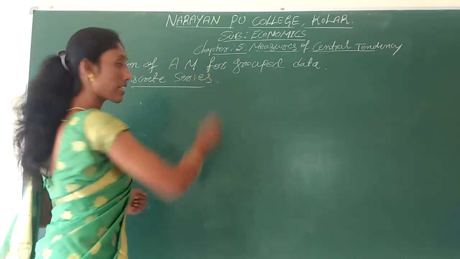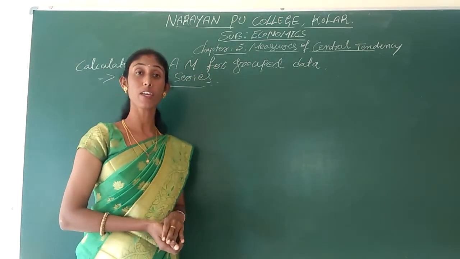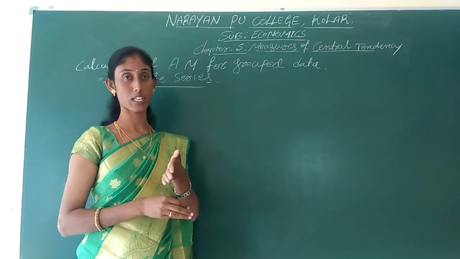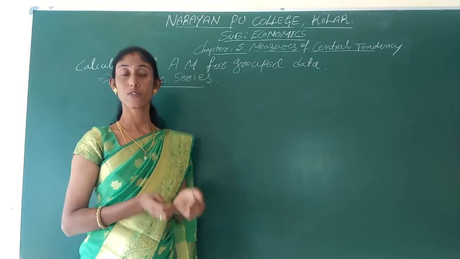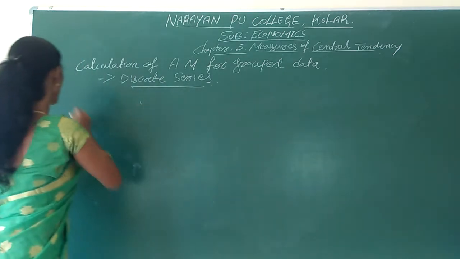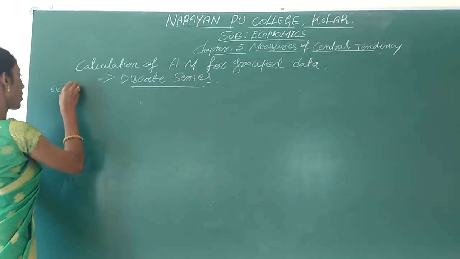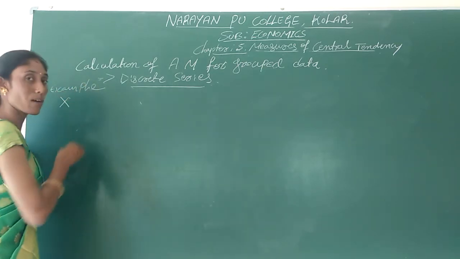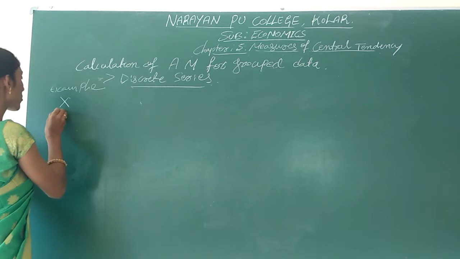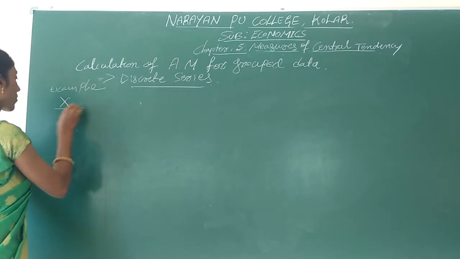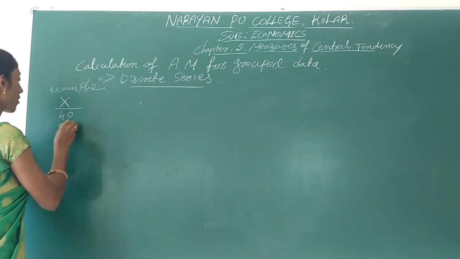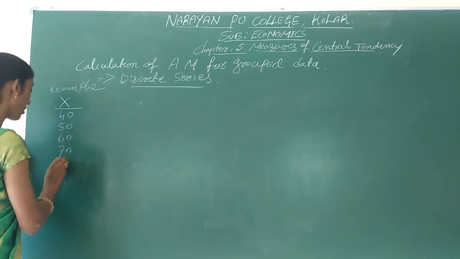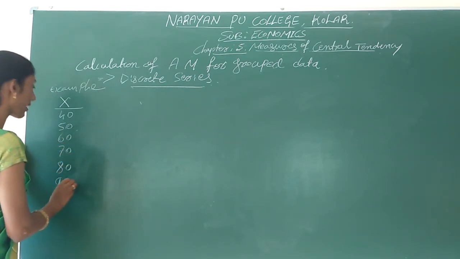We all know that in a discrete series we will have two columns. One is observations and another one is frequencies. For example, X means observations: 40, 50, 60, 70, 80, 90.